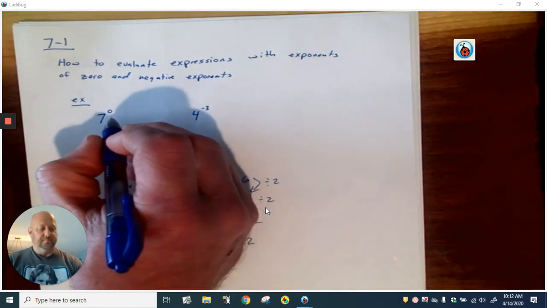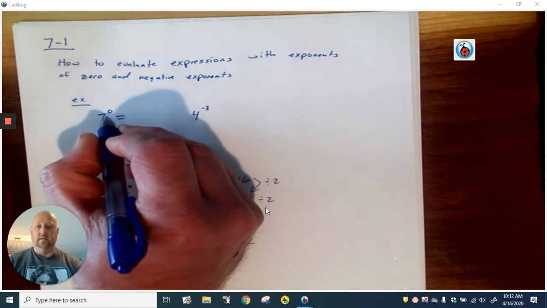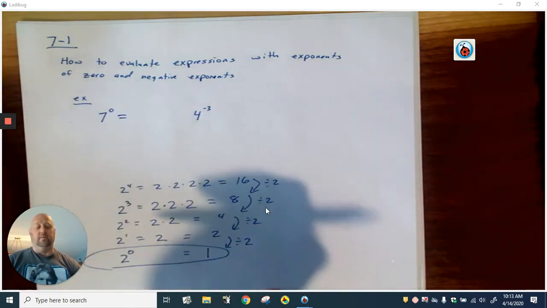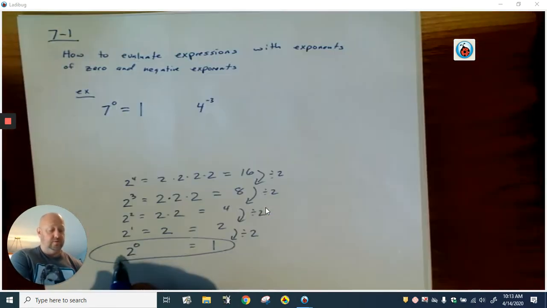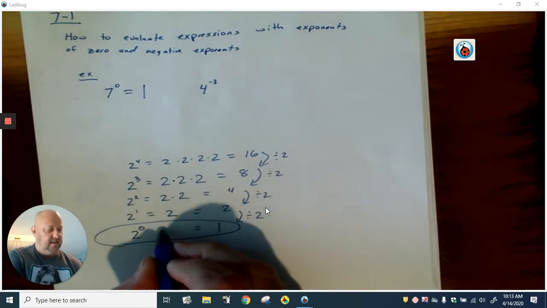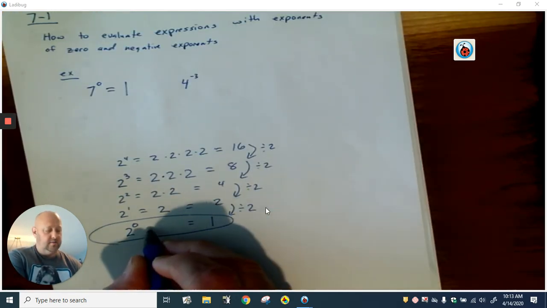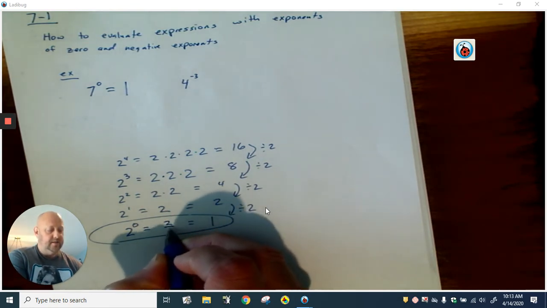Our general rule is simply going to be: any number raised to the 0 power, other than 0, the answer is 1. So 2 to the 0 power is 1. A million to the 0 power will still be 1. Because basically what you always end up with is that number divided by itself. Really, 2 to the 0 power, you can think of as 2 divided by 2.